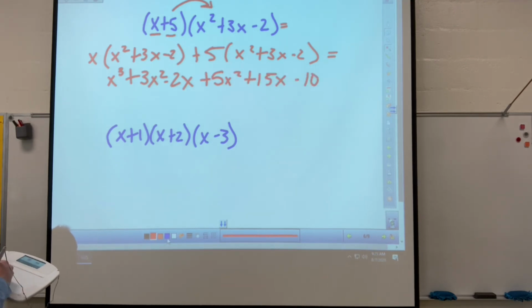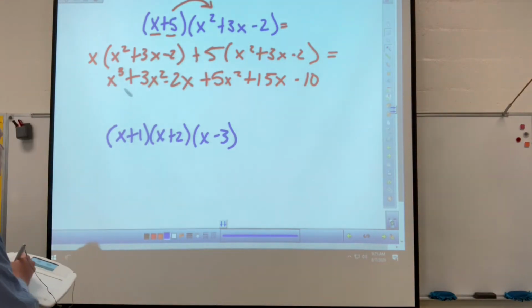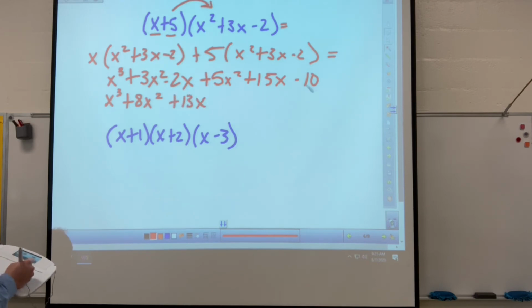And now we need to go back and combine like terms. x cubed doesn't have anything to add with. 3x squared and 5x squared makes 8x squared. Negative 2x and 15x makes 13x. And negative 10. That's it.